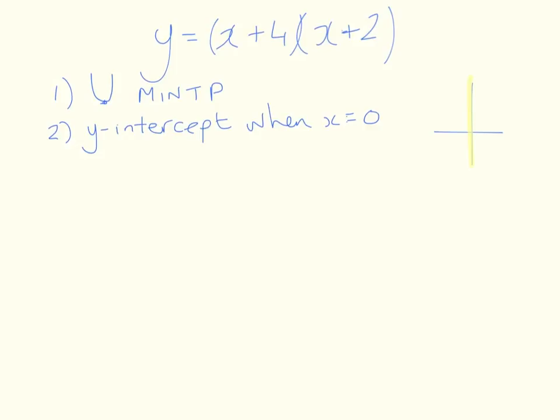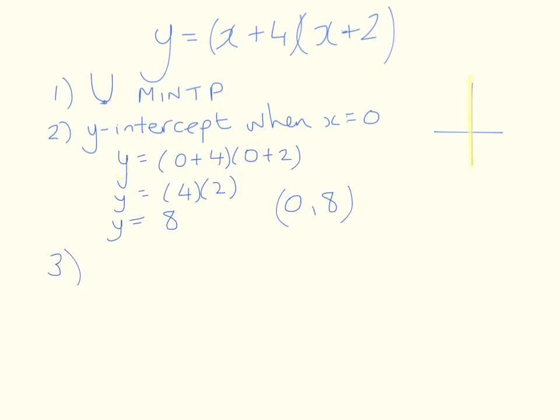So we're going to substitute 0 into our equation. It's going to be y equals (0 plus 4)(0 plus 2). So y equals 4 times 2, so y equals 8. So my parabola is going to cross the y-axis at (0, 8).